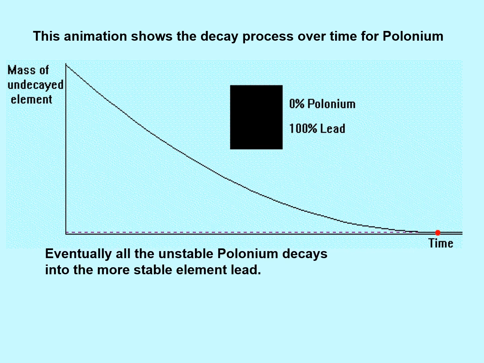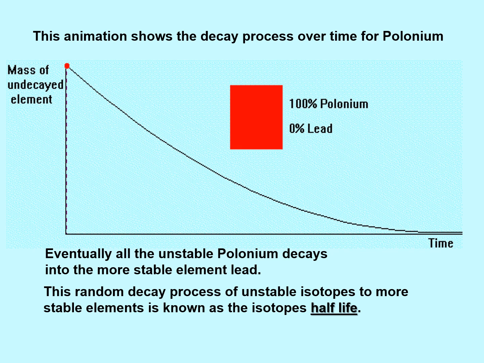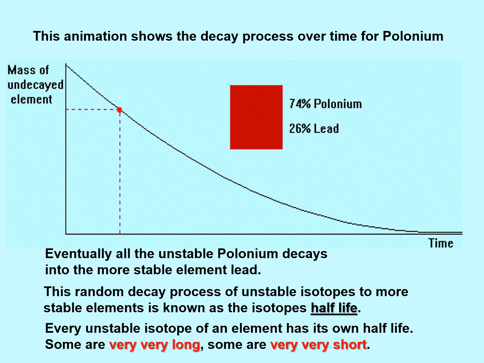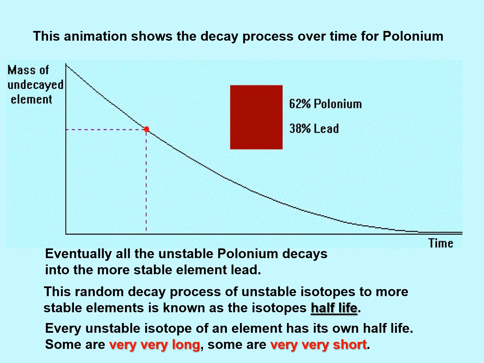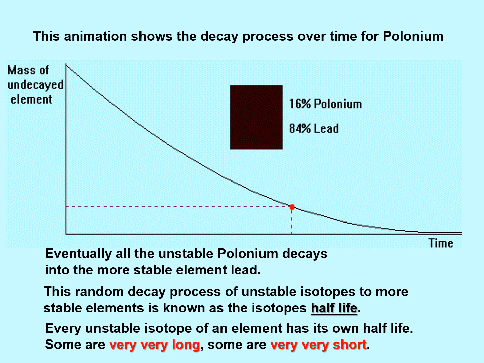Now, the curve that we can see there is a half-life curve. And again, every unstable isotope of every element has its own half-life. And again, I'm stressing there, some of them are very long, some of them are very short. I'm just going to share a little bit of information with you on that on the next slide.